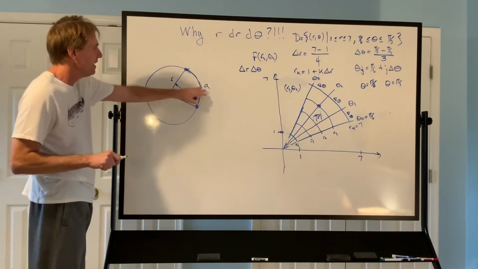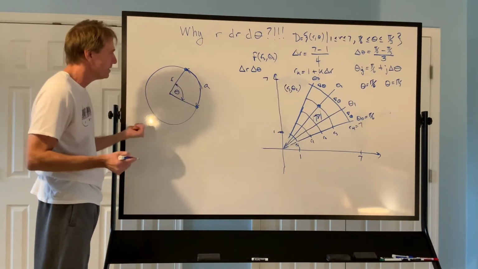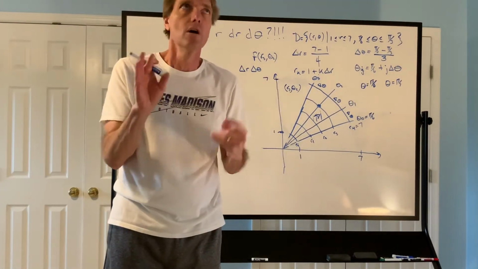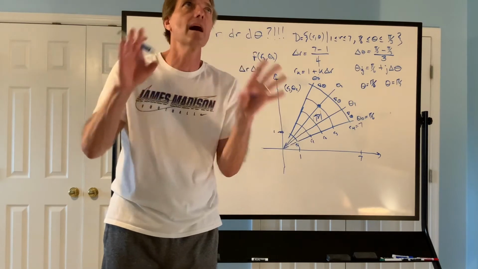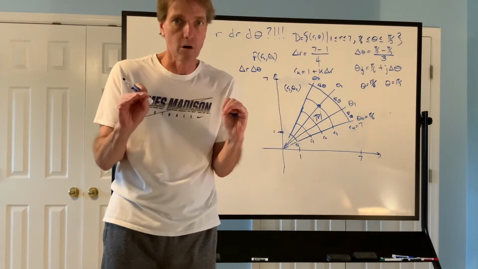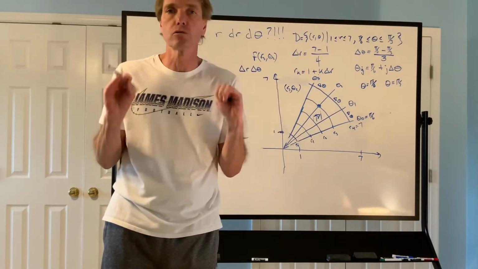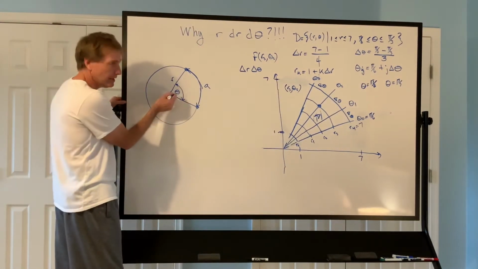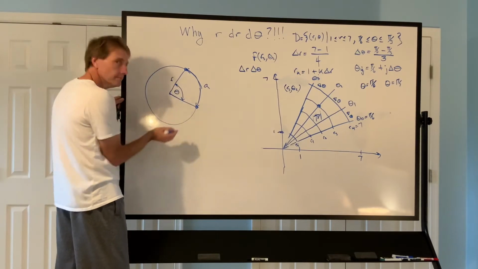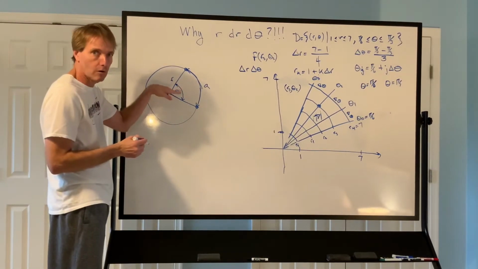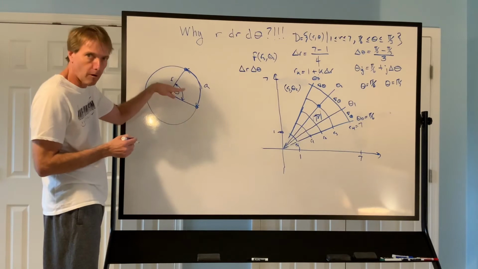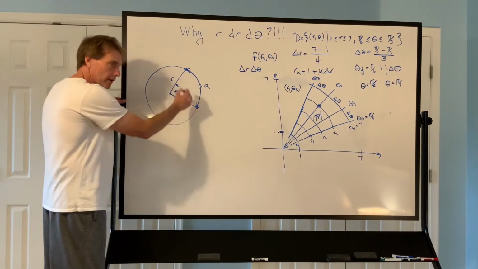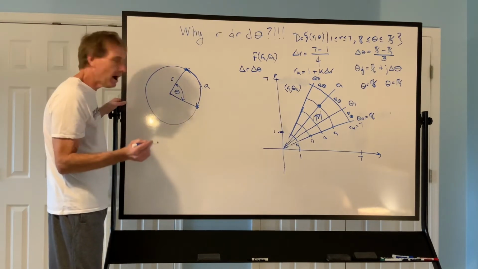So how do I find this? We're going to use something the classic Greeks gave us, which was proportions. It's amazing how much of what seems difficult goes back to either similar triangles or proportions. If I look at my radians and at theta, theta is a chunk of the circle. If I go all the way around the circle, it's 2 pi radians.